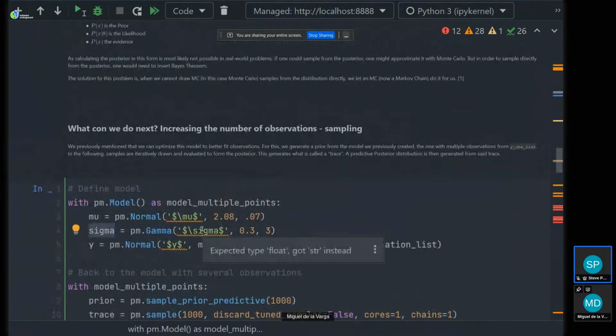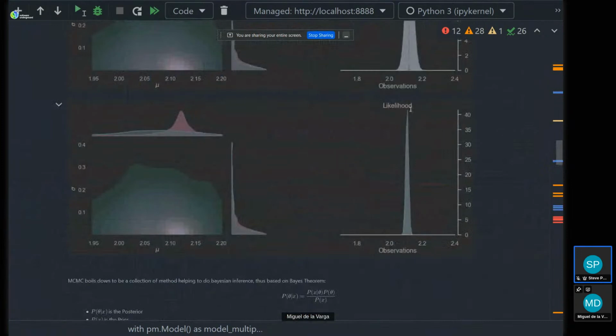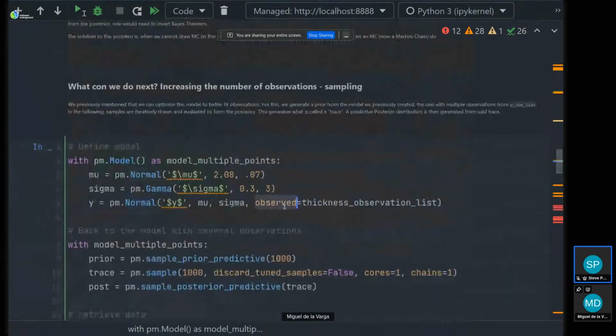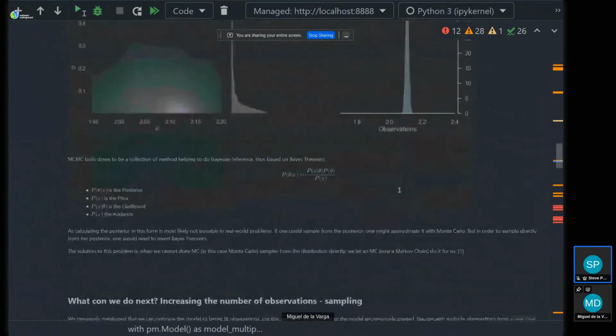So here is where these two things get connected. The mean of this curve is defined by this parameter here, and the standard deviation of this curve is defined by this parameter here. And now it also has this observed, which is the observations that we have, the values in this axis.